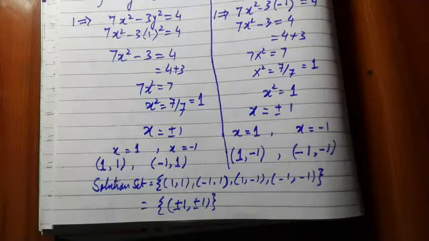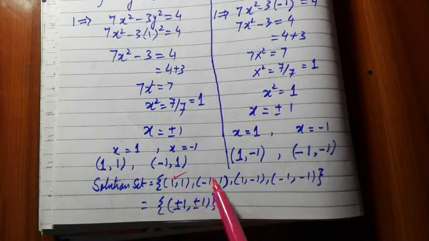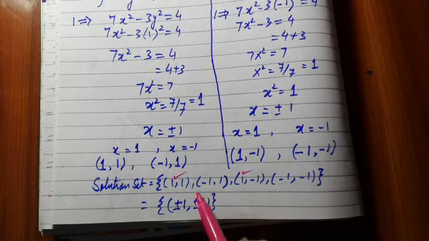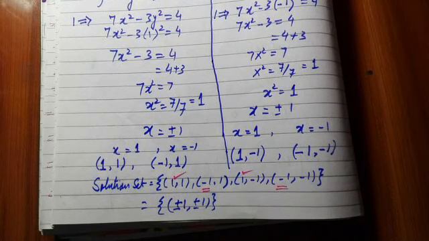If you look at the values in the ordered pairs, x is positive in 2 ordered pairs and x is negative in 2 ordered pairs. So if you want to collectively write it, you can write the values of x are ±1, and against each value of x, the y's are also in a similar way.